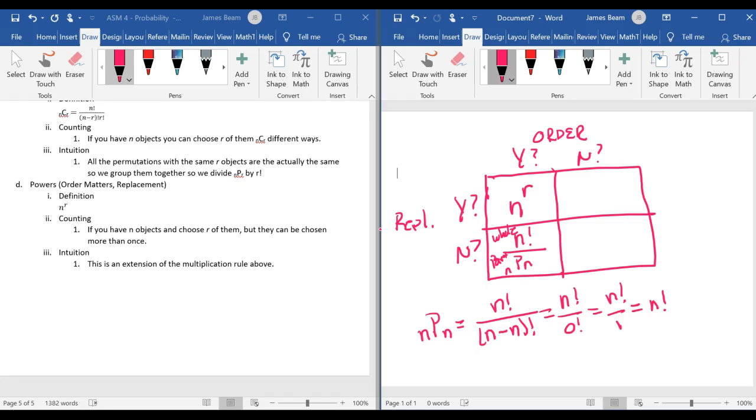Aha! So if you have the whole set, this nPr reduces to n factorial anyway. So if they happen to plug in 6P6, they're just going to get 6 factorial. It works. This is why 0 factorial has to be equal to 1, because otherwise we get division by 0 and bad things happen, and the math doesn't work.